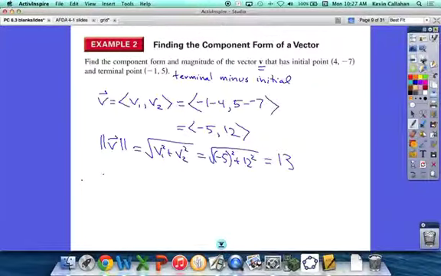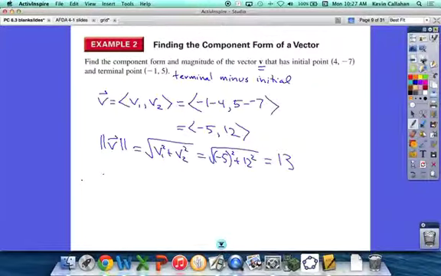Addition and subtraction, right? If you've got two vectors, here's the component form of two vectors. Here's U is U1, U2, and V is V1, V2. If you add them up, you add up the components, right? U1 plus V1, U2 plus V2. And if you multiply a vector by a scalar, right?